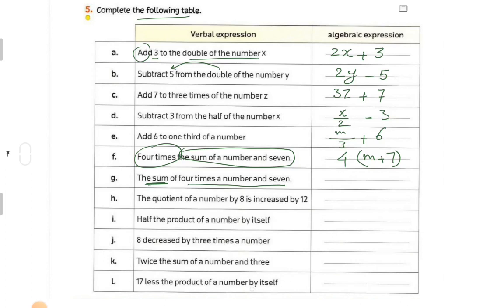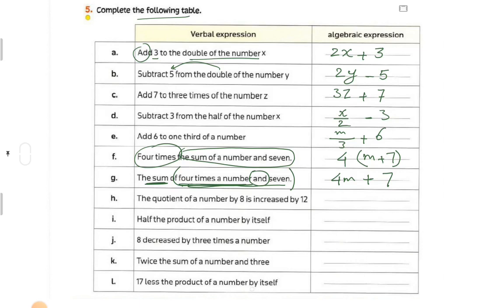Note that the sum means plus: 4 times a number, 4m, and 7. Summation means plus.